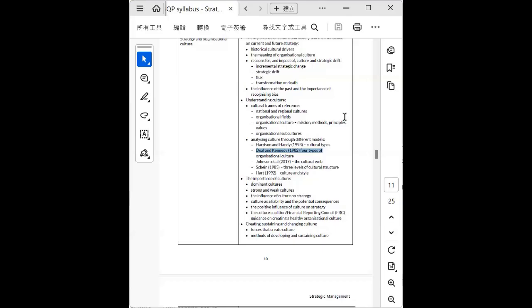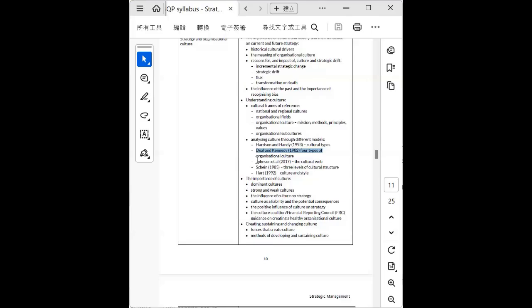It's low risk with slow feedback. It emphasizes consistency, rules, and procedures. So, for example, insurance companies often exhibit this type of culture where you have to adhere to the protocols, and that is very important.